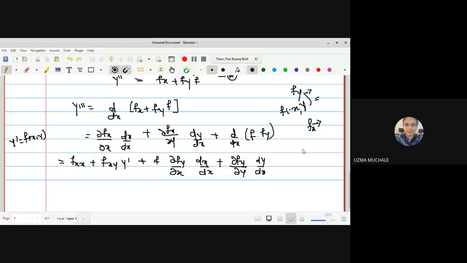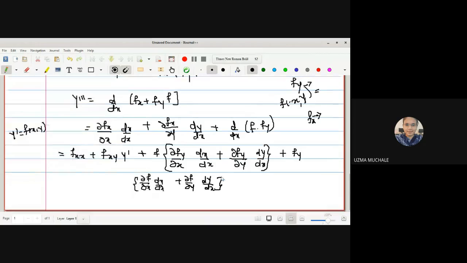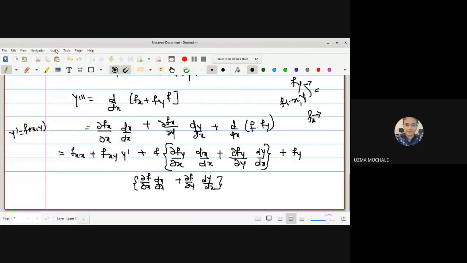Similarly, next we have to keep fy as it is, in one bracket, and evaluate the derivative, that is derivative of f with respect to x times dx with respect to x, plus f with respect to y, derivative of y with respect to x. Okay, have you understood the steps?